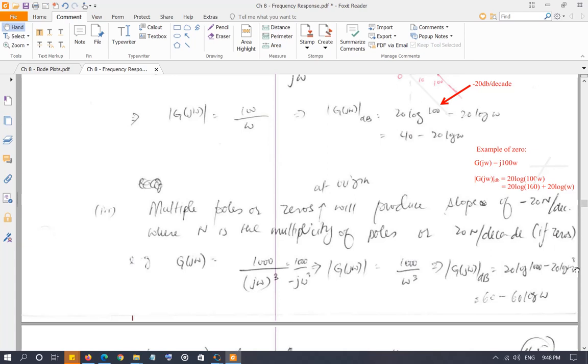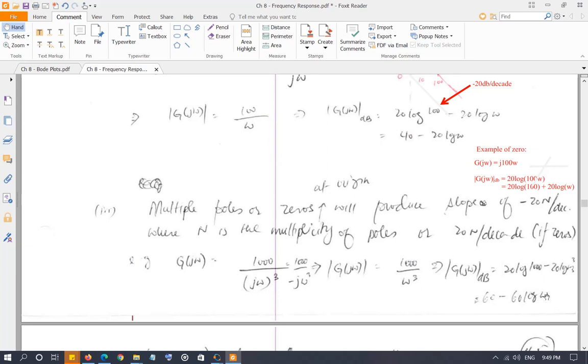Remember, when you have a power, it comes out front and multiplies this factor. So it becomes 3 times 20 log of omega, 60 log of omega. And 20 log of 1000 is 60. So it's going to be 60 minus 60 log of omega.